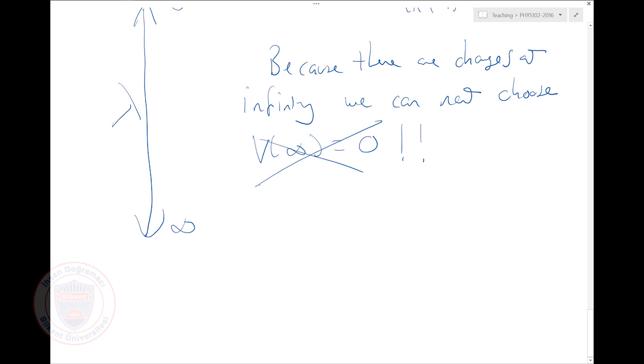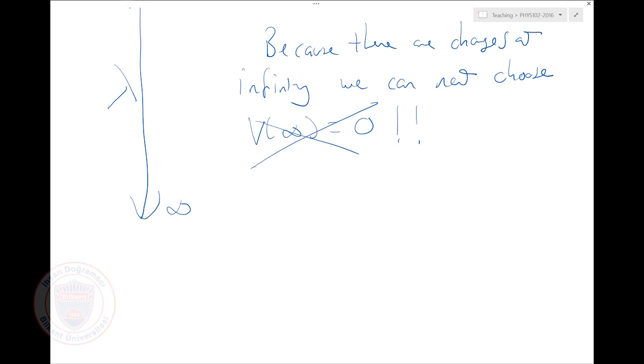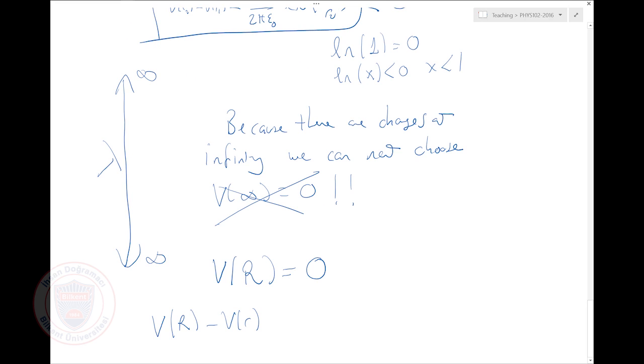What do we do? Well, choose any reference point you want. I'm going to choose an R, let's say 1 meter. You can take any scale you want and set it to 0. Then for any point, what's our rule? V of capital R minus V of small r. I'm just rewriting the formula above.